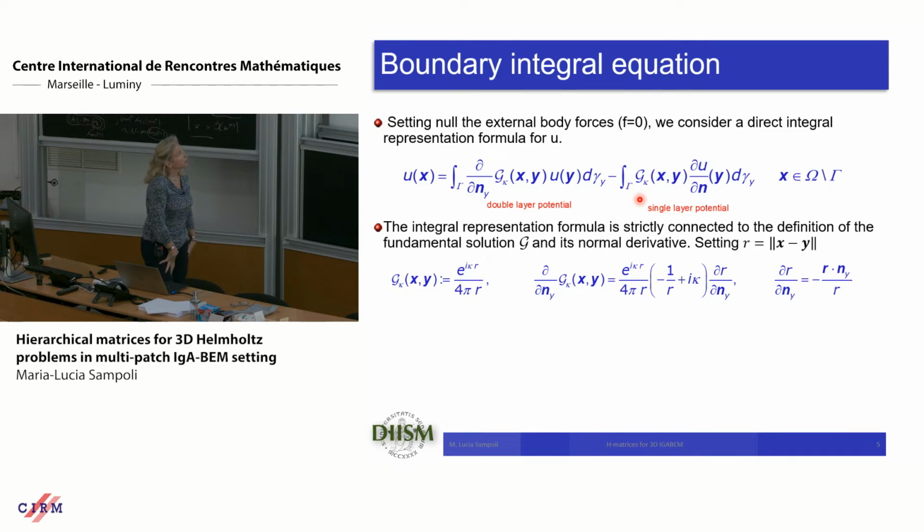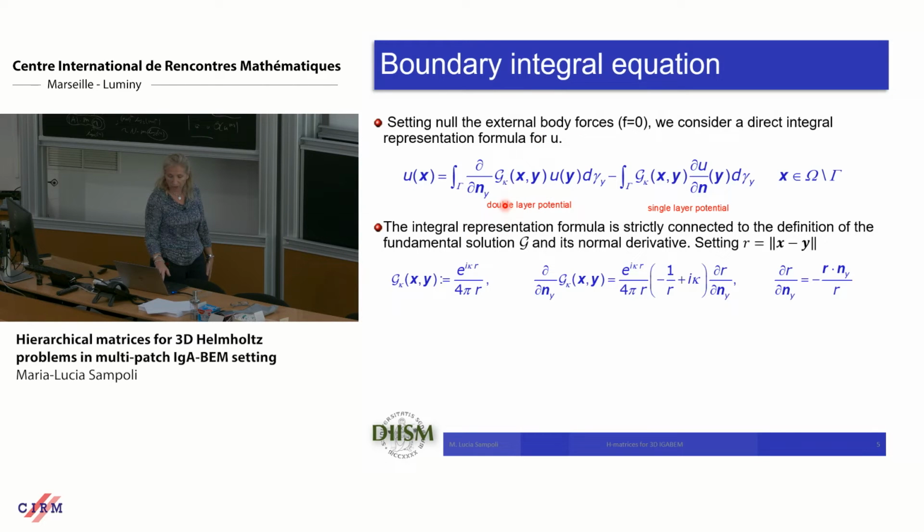So, considering the external force null, we can consider a direct integral representation. Using integration by parts and the second Green identity, we can rewrite the equation into this integral equation, where this function, called the fundamental solution, comes into the game.